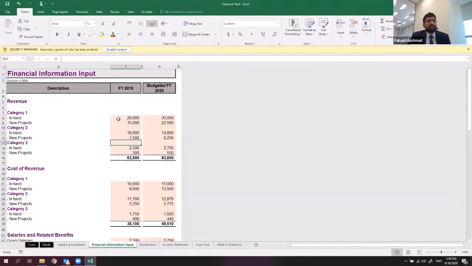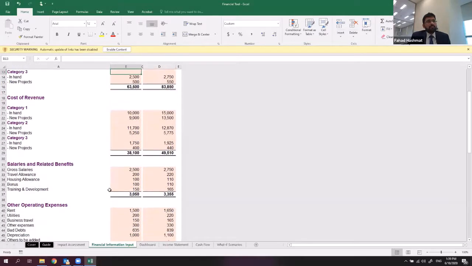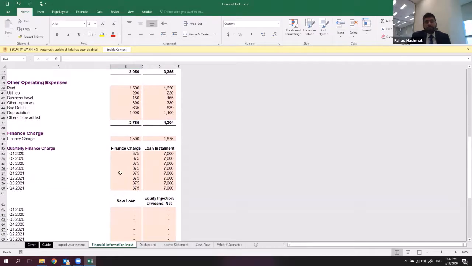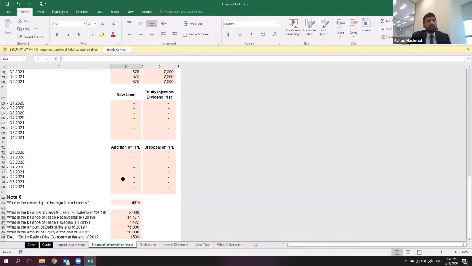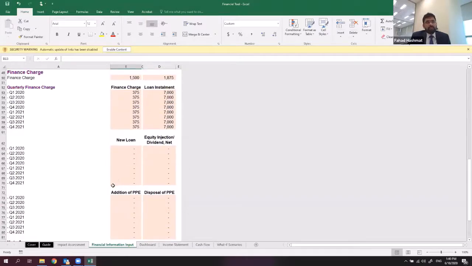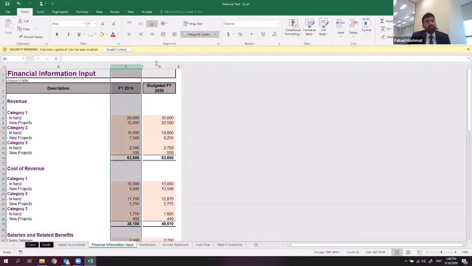If there are business segments, then you can capture that in different fields. Then the direct costs, your expenses. If a business has a loan, then the financial charges and the quarterly installments. So the factual financial information of the company goes in this column.